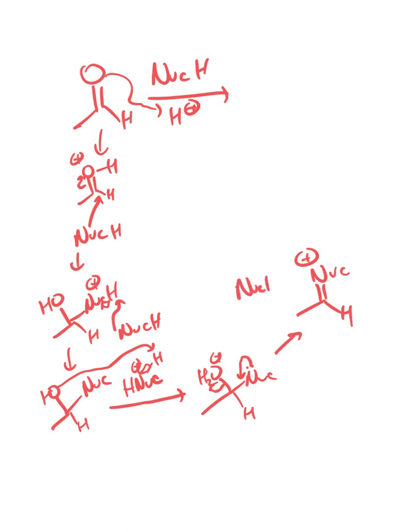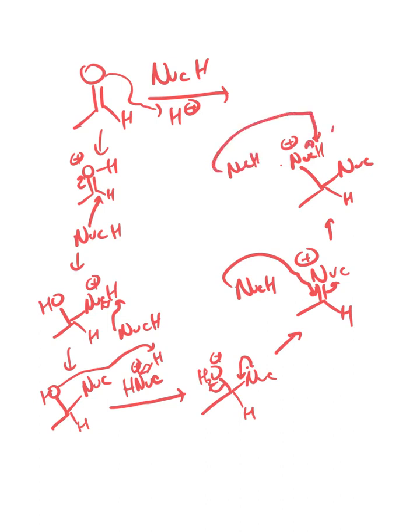Then we can have a nuke H add in to this, breaking that double bond, and we get a positive nuke H on the carbon of the carbonyl, the neutral nucleophile that we previously added, and then all we have to do is remove the extra hydrogen off of the nuke H to give us where we add two of the nucleophiles under acidic conditions to the carbonyl carbon.